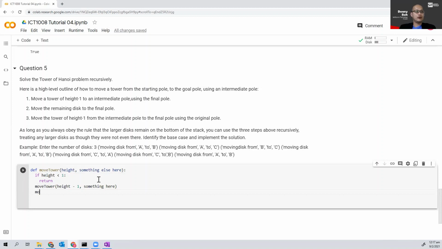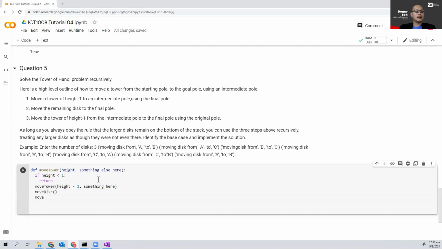Then I move my this and then I move back the tower. Okay. So that's all. Now we have our terminating condition. You have our reduction condition.